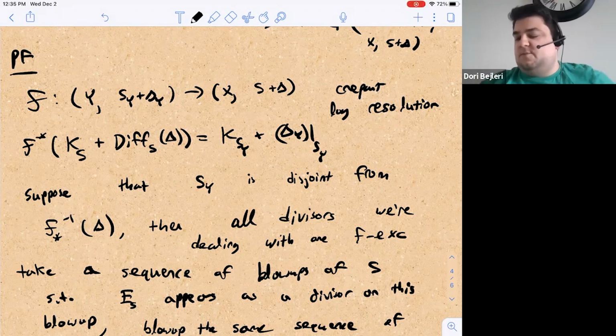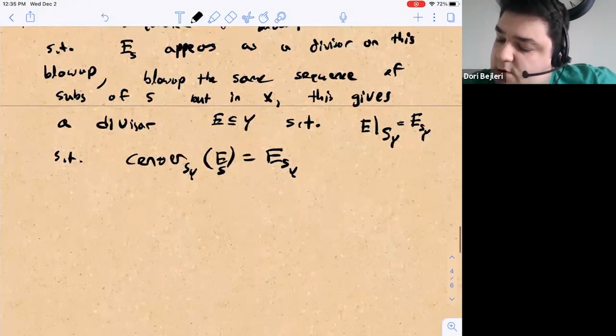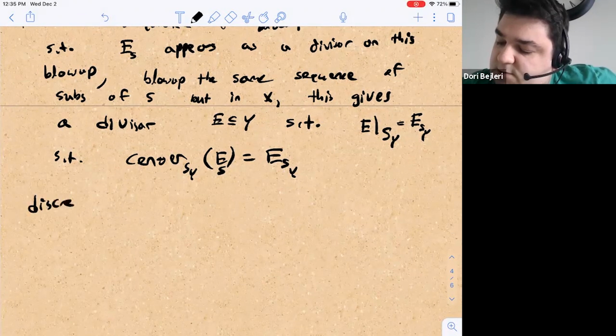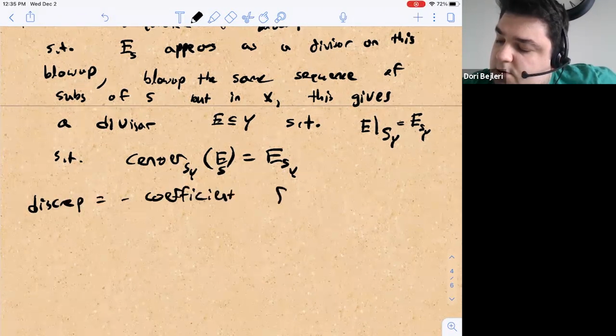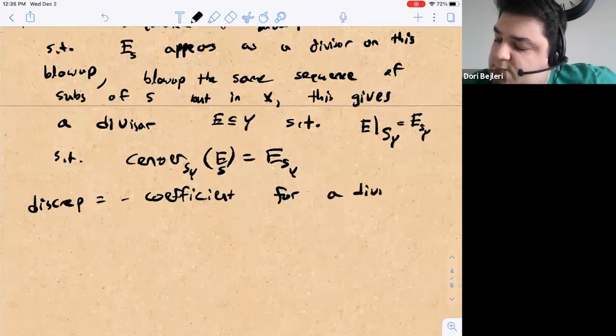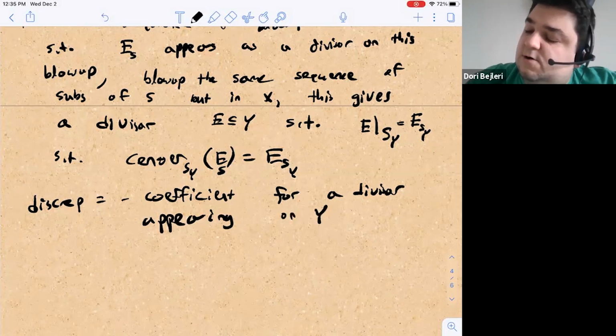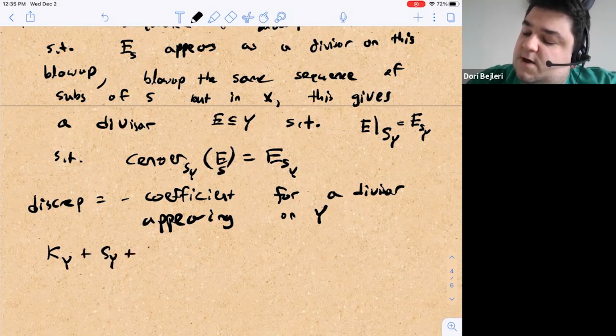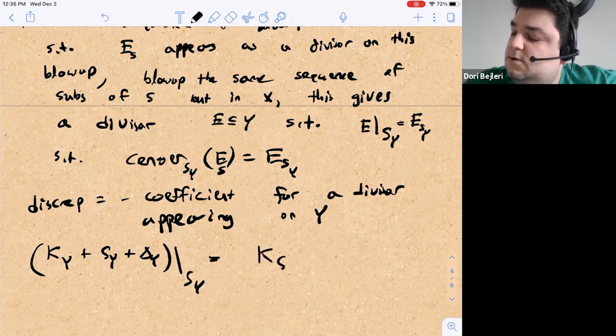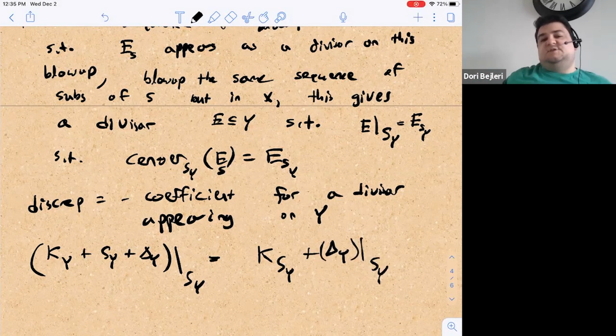But then by adjunction, we know that discrepancy equals minus coefficient for a divisor appearing on Y. And so now we just write down, well, KY plus SY plus delta Y restricted to SY is KSY plus delta Y restricted to SY. And so the coefficients are the same.